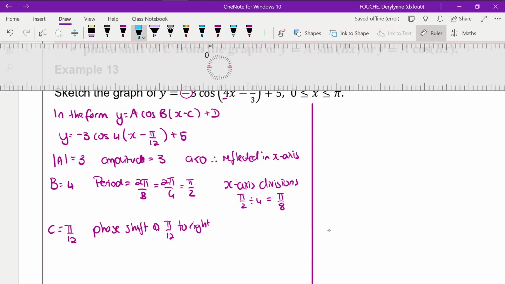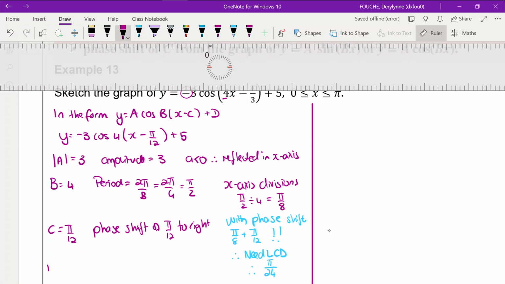With the phase shift, we need to be able to work with a pi on 8 plus a pi on 12. Therefore, we need the lowest common denominator of them. So my x-axis divisions are actually going to be pi on 24. That way, I will easily be able to shift.